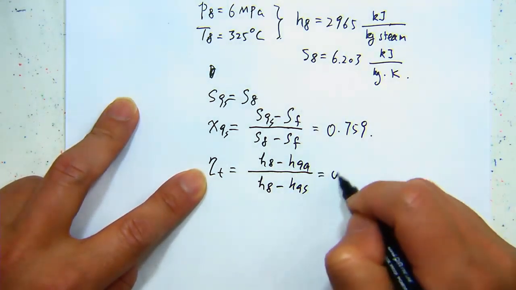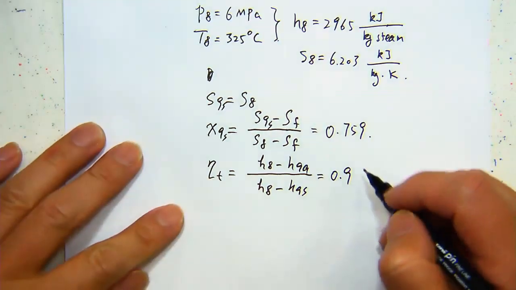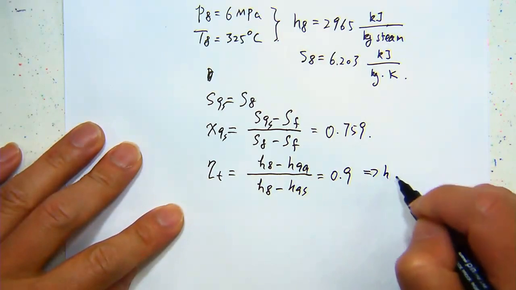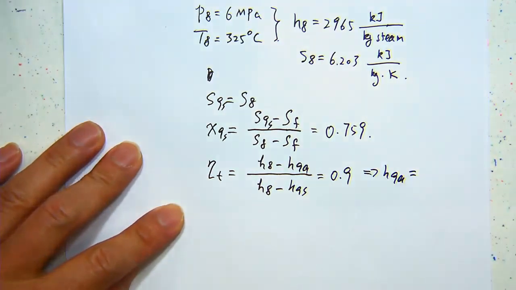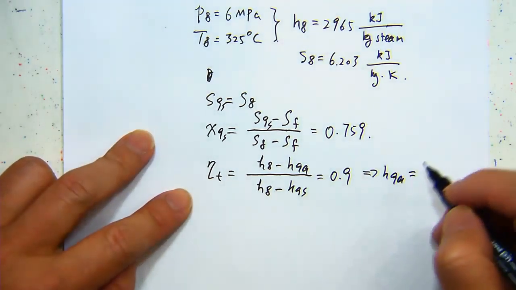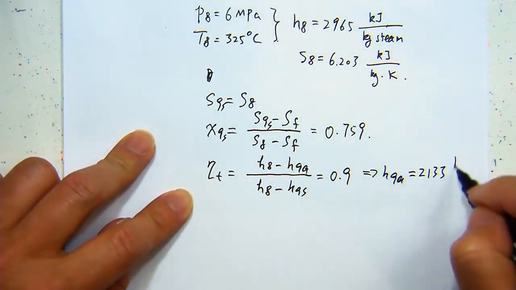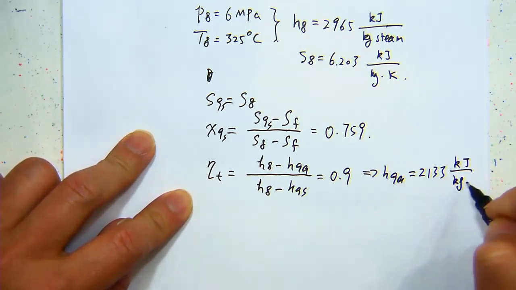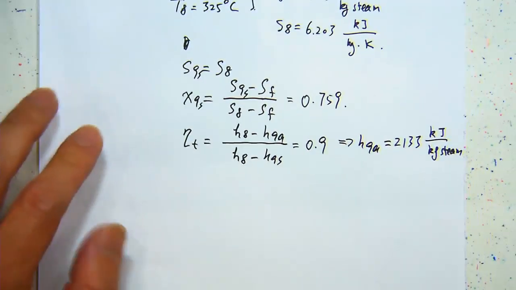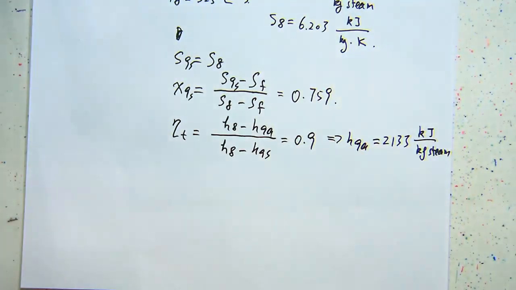And this value is given as 0.9. Then you can figure out the H9 actual, right? And that gives you a value of 2132 kilojoule per kilogram. Again, that's steam. So we take into account the turbine isentropic efficiency there.